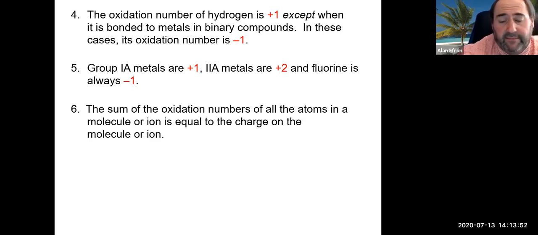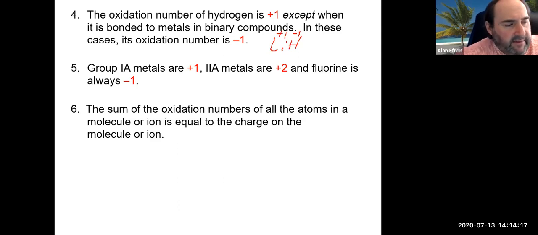So if you had something like LiH, for example, the Li is going to be +1, and the hydrogen would be -1 in this particular case because of that. So if hydrogen comes second in a formula behind a metal, it's -1; otherwise it's going to be +1 for hydrogen as you go through there.